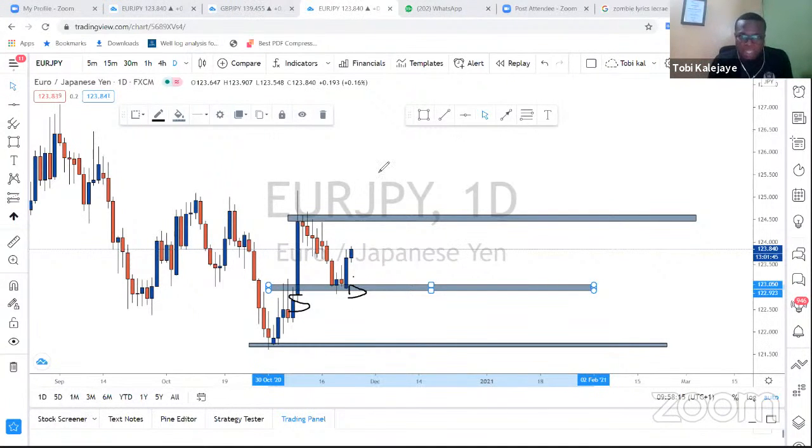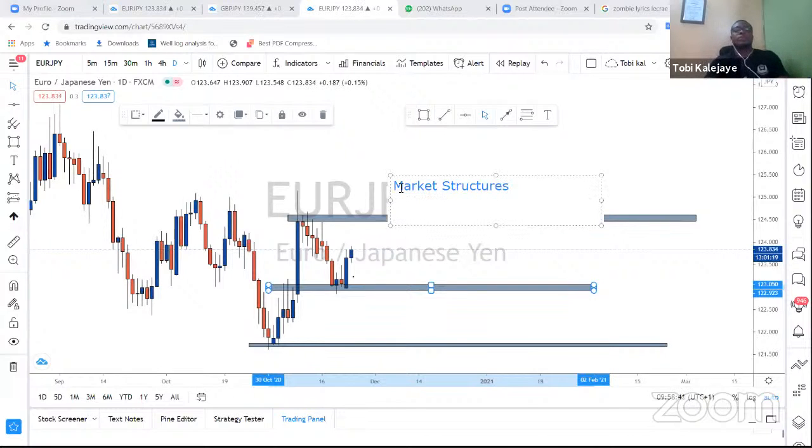Now, in bringing it home, creating an easier way to apply this, the market can only move in three directions. I'm talking about market structure now. Price in the market can only move in three directions. There's no alternative direction, no other way to it.